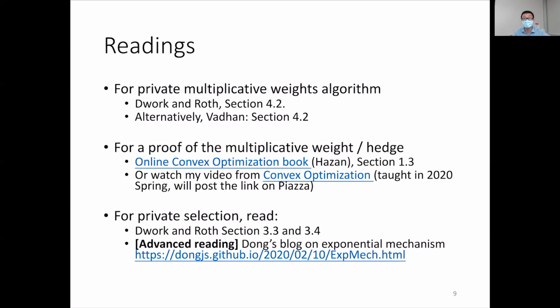Those who have taken my course on convex optimization should be familiar with this algorithm already. But we'll use this as a black box today. For those who are interested in how this black box works, you can go to these references or watch my video from convex optimization.